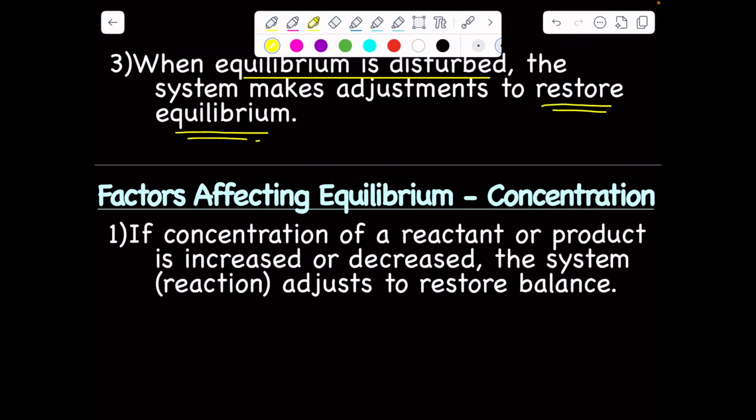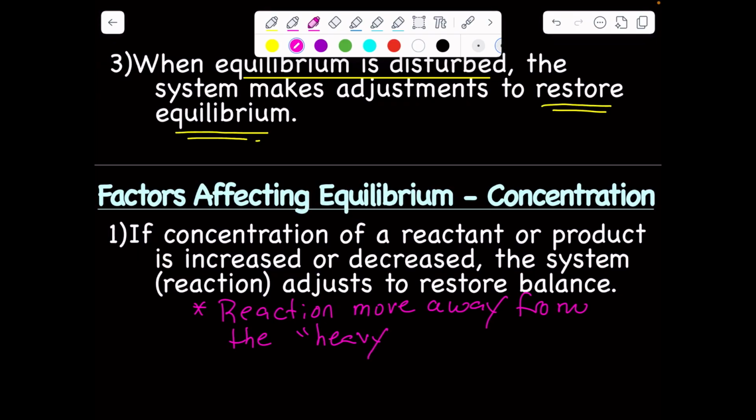A good way to remember this, the way I like to think about it, is just always remember that the reaction is going to move away from the heavy side. I'm going to demonstrate that in a moment.